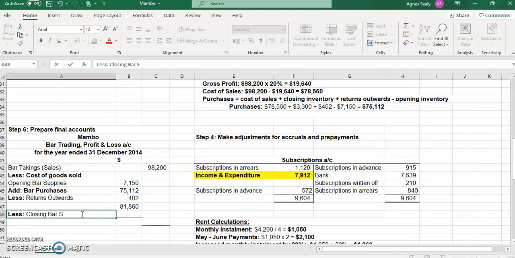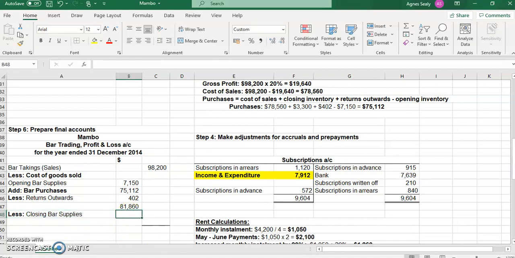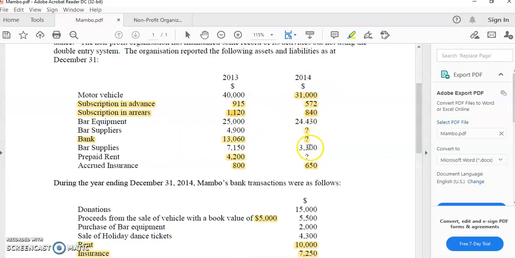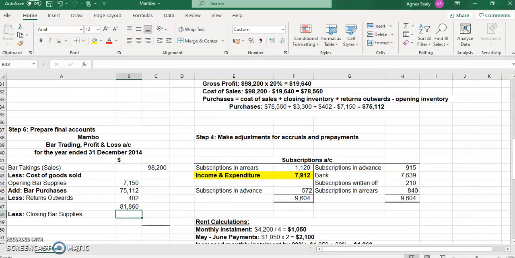bar supplies. All right, we're going to subtract our closing bar supplies. And from the question, our closing bar supplies was $3,300. So we're going to subtract $3,300.